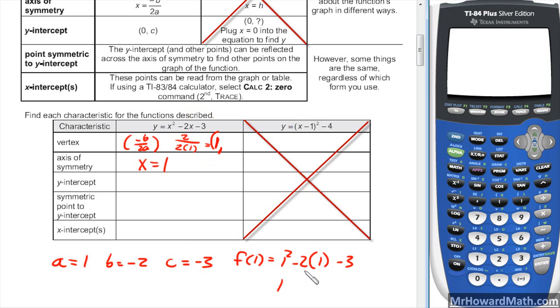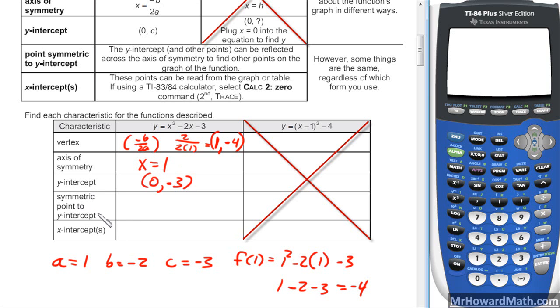So 1 squared is 1, negative 2 times 1 is negative 2. Subtract 3 from that, so that would be 1 subtract 5, so negative 4. So the vertex here is 1, negative 4. The y-intercept is given by the c value, so the c value here was negative 3, so it's 0, negative 3, the y-intercept.